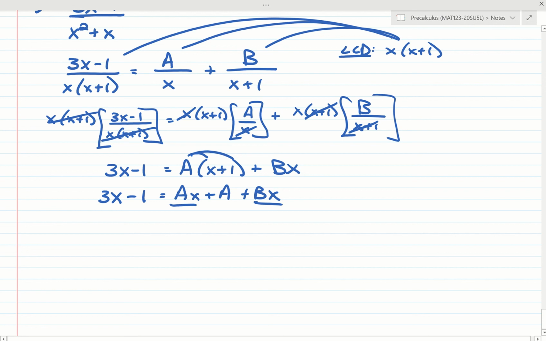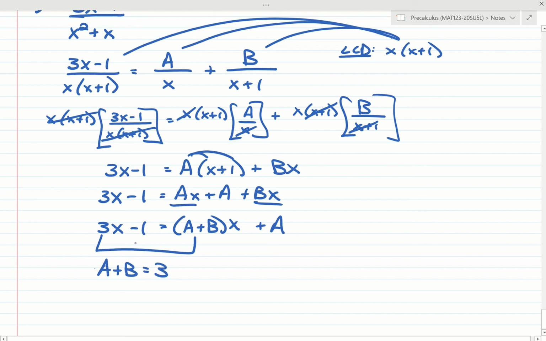Here's an x, here's an x. And our total number of x's has to equal 3, and our constants have to equal negative 1. Well, that's nice. So if we know a is negative 1, we could plug that in here, and we get that b is 4.